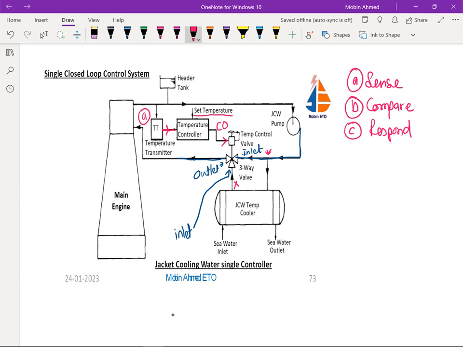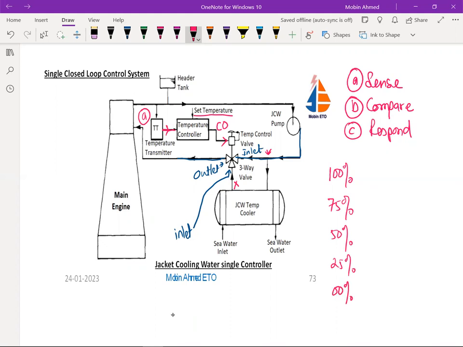Now, if this inlet is going to be open, suppose 75%, we can see it in this way, like 100% opening, then 75% opening, then 50% opening, 25% opening, and 0% opening.